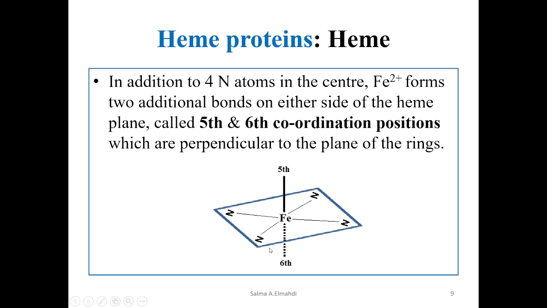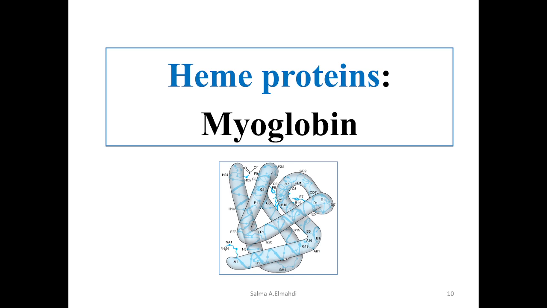So the four tetrapyrrole rings are present on one plane. If you look at them from the side, you can understand them as being corners of a sheet of paper. So they are present on the same plane horizontally. Perpendicular to them at 90 degrees, there are two additional binding sites, the fifth and sixth coordination positions.